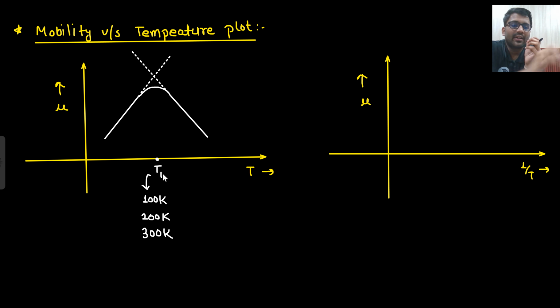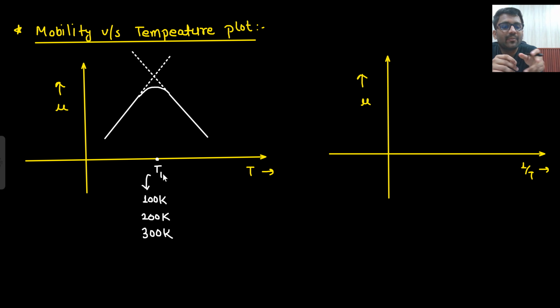That means for none of the materials would it be greater than room temperature. So if I am at room temperature and I try to increase the temperature and see how my mobility is going, what do you see? Mobility will decrease. Say yes or no. Are you able to understand this point?